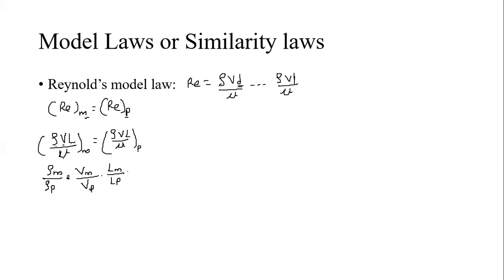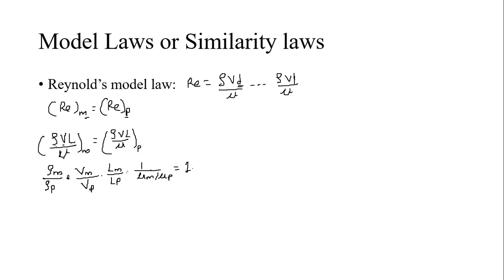Now what else remains? Viscosity. So it is 1 upon, taking model by prototype, mu in a model divided by mu in a prototype, equals 1. This product has to be 1.